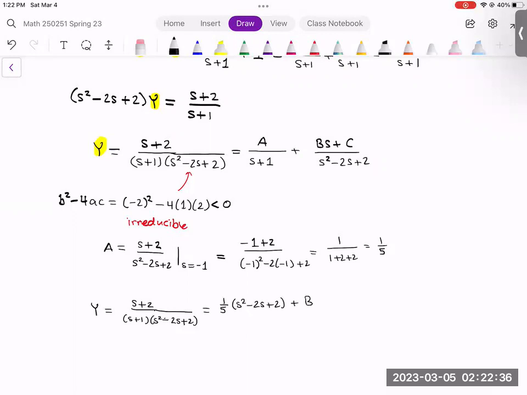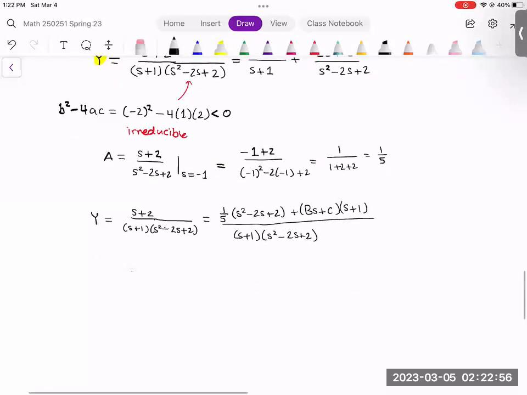In our other term, we have Bs plus C all times s plus 1. We have this common denominator of s plus 1 times s squared minus 2s plus 2. And so therefore, we have that s plus 2 is 1/5 times s squared minus 2s plus 2 plus Bs squared plus Cs plus Bs plus C.